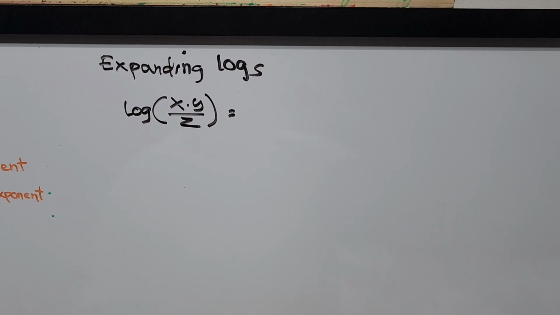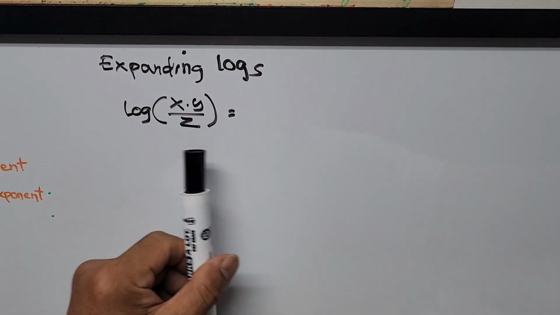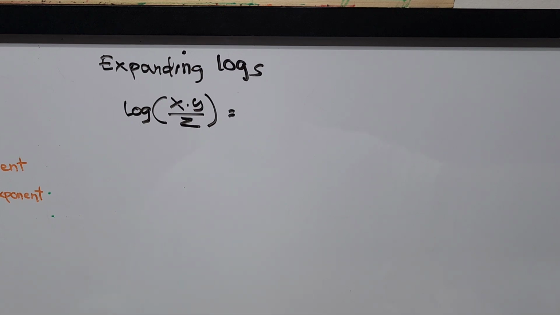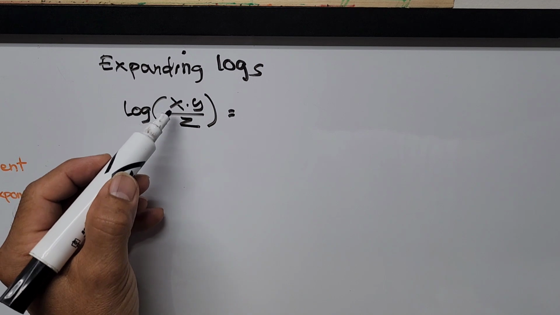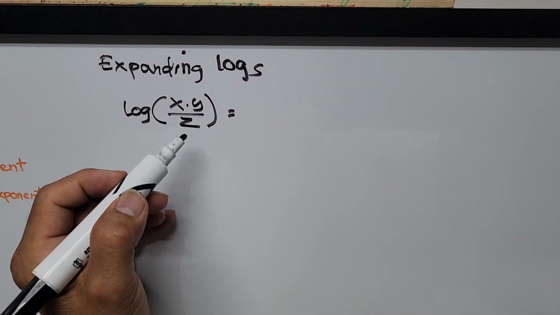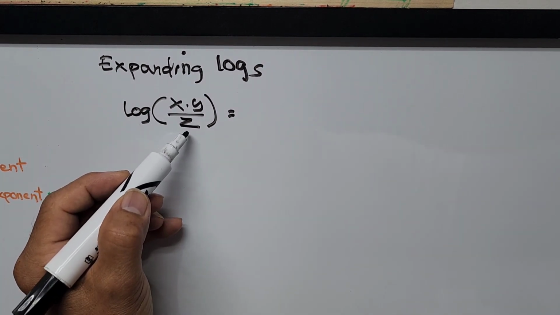Let's go ahead on expanding logarithms. So we have here log of x times y divided by z. How do we expand this logarithmic expression? First, those on top, or the numerator, must be added, and z on the bottom must be subtracted.